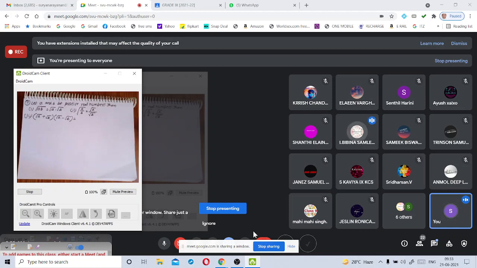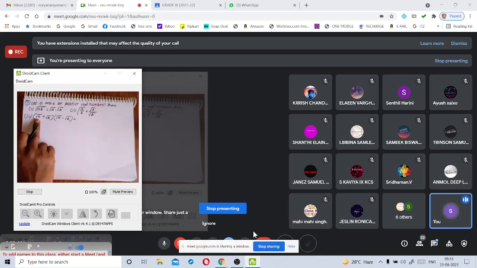Sir, x square? No. x plus y into x minus y is x square minus y square. That is an algebraic identity.